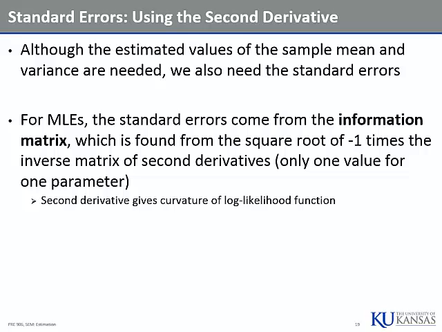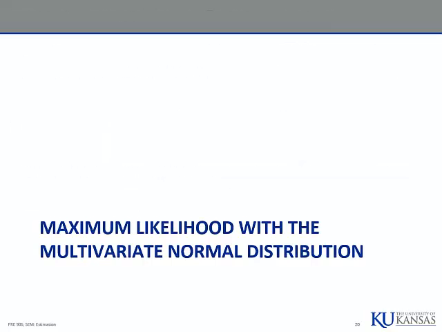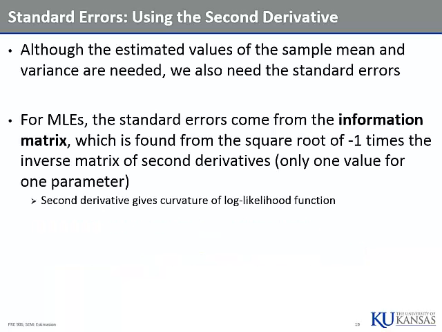It's called an information matrix. It's not actually, the matrix of standard errors is not the information matrix, but it's negative one times the inverse of it, which is really crazy. But, so, let's do this with the maximum likelihood with multivariate normal. Do you have any questions for me? I'm kind of running out of space here. I don't want to make this too technical.